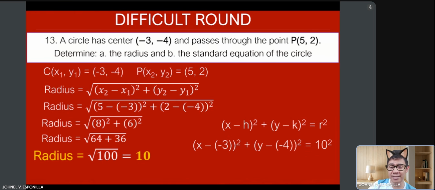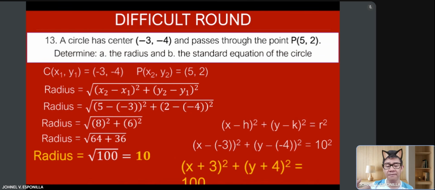So the center is at (-3, -4). Our h is -3, our k is -4, and our r is 10. The double negative is positive. And this is the standard equation of the circle: (x + 3) squared plus (y + 4) squared is equal to 100.